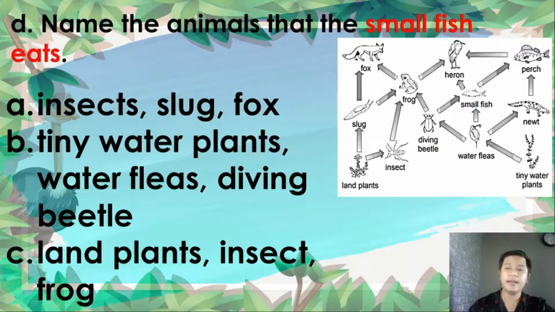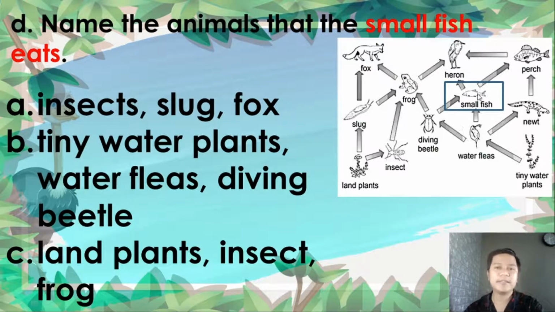Is it B, tiny water plant, water fleas, and diving beetle? This is the small fish. C, land plant, insect, and frog. So what did the small fish eat?